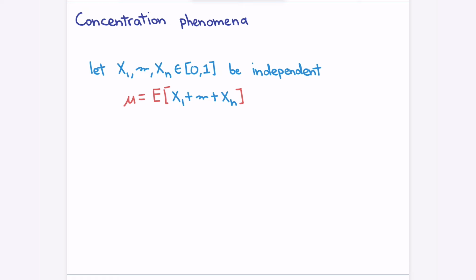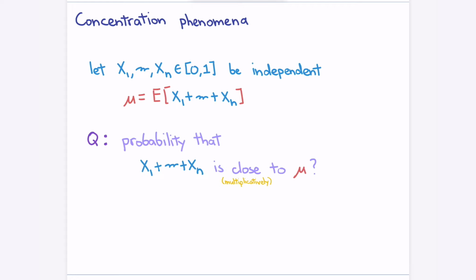Okay, and I'm going to let mu denote the average sum. And what I'm interested in is what is the probability that the sum comes out close to the expectation, and in particular, multiplicatively close. What are the odds I'm within 10% of the expectation?